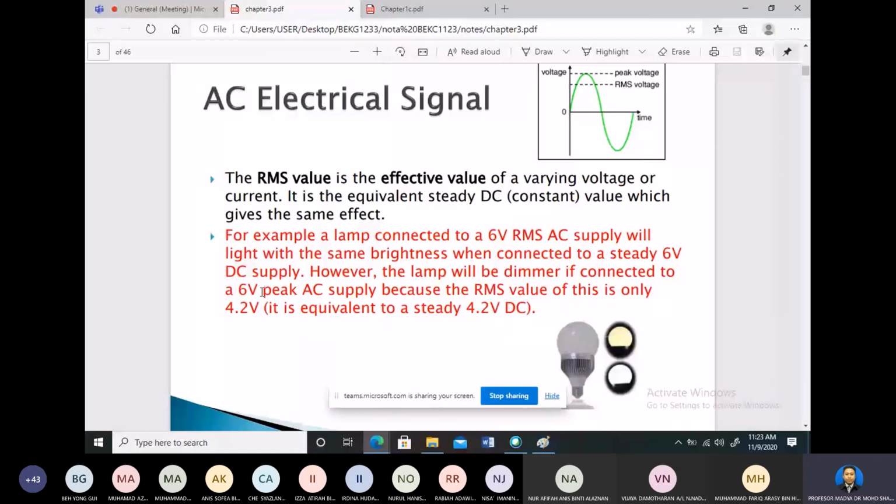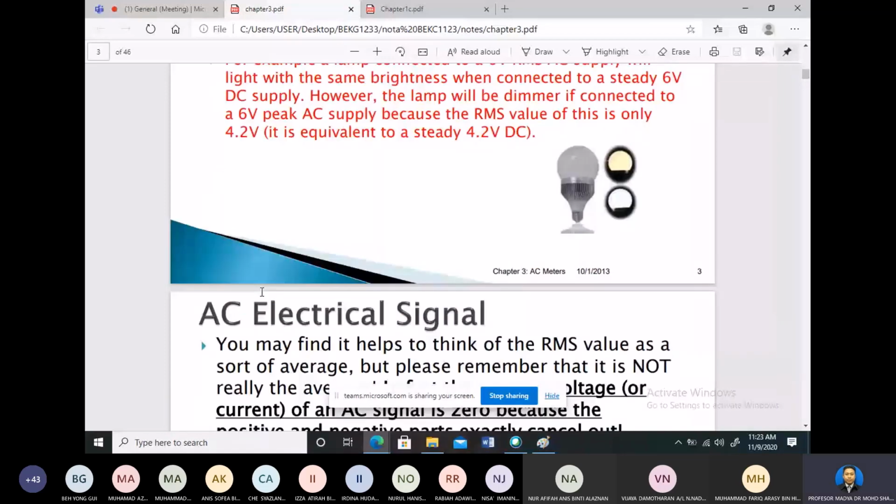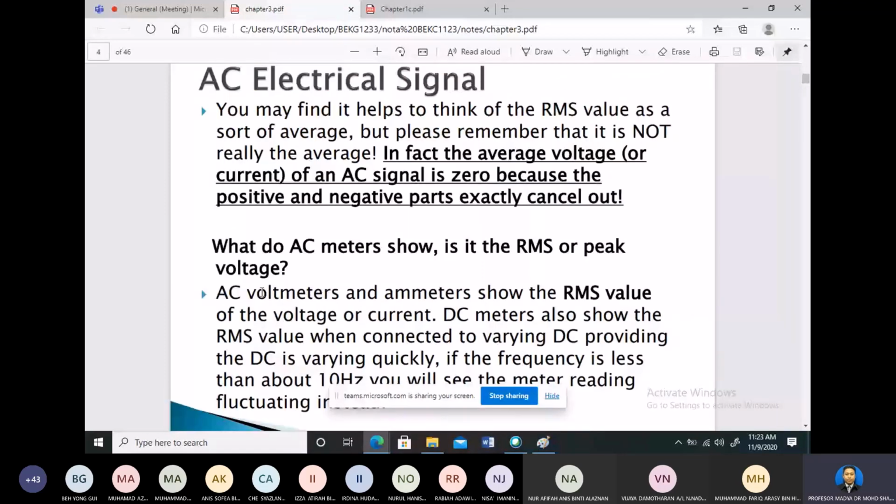All right. Next, you can see this one. We cannot use the average voltage, because if you use the average voltage it will be zero.